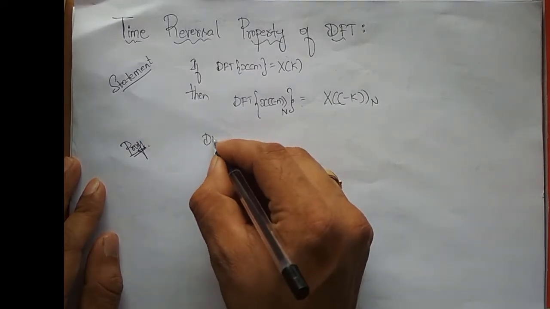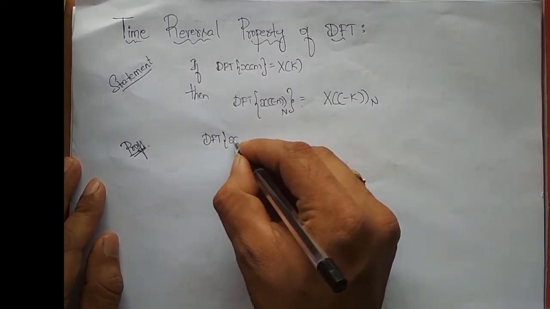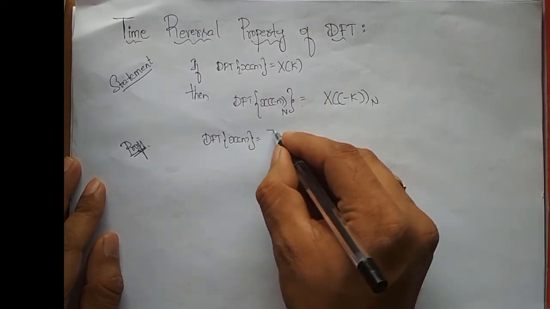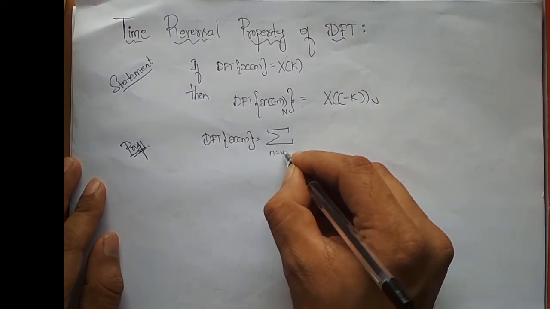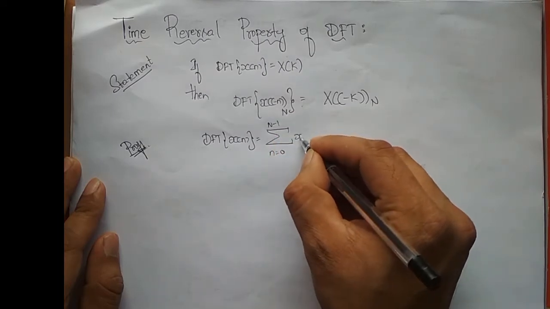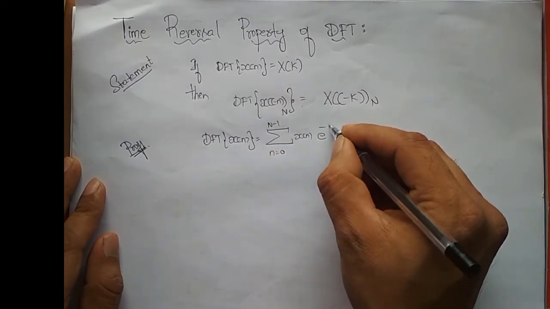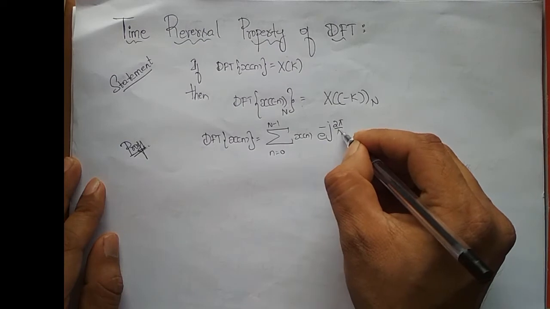So what is DFT of x of n? As per the equation, it is summation n varying from 0 to N minus 1 x of n e power minus j 2 pi by N into kn.